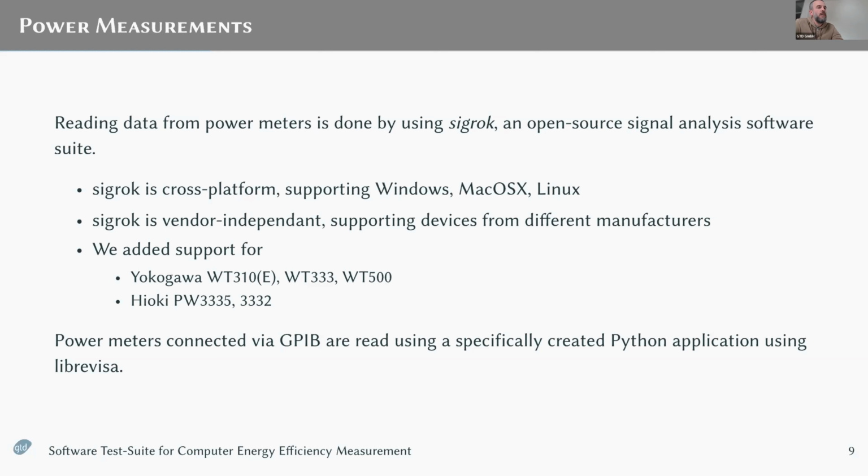Sqlite runs on all the platforms that we support, so Microsoft Windows, macOS, and Linux. And it is independent enough that we can support all the power measurement devices that we intend to support. Right now, we are supporting these devices from Yokogawa and these devices from Hioki. Others can be added, but this depends on the needs of the laboratories and the manufacturers.